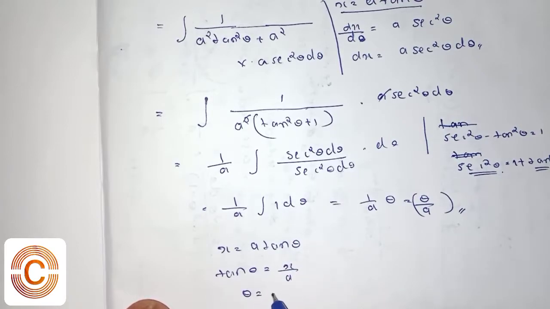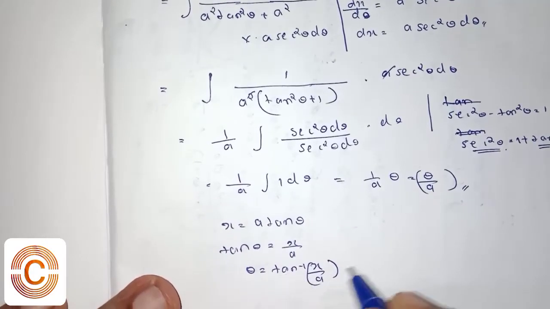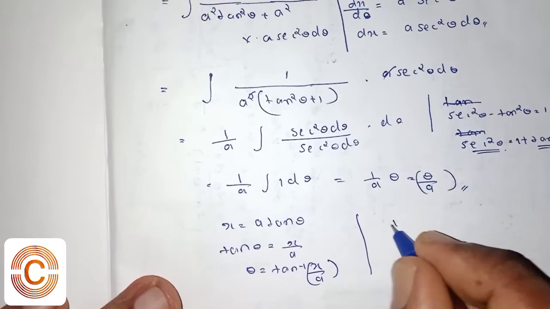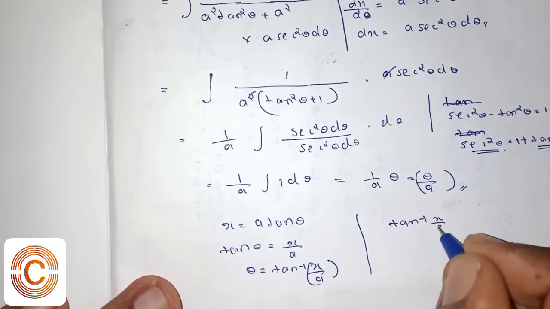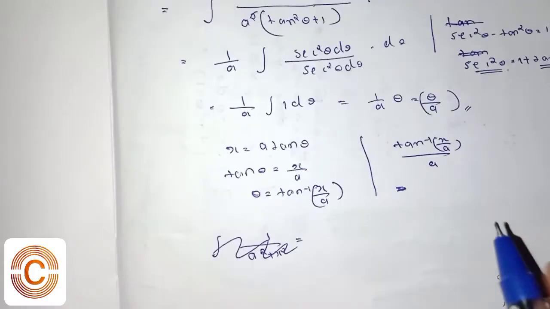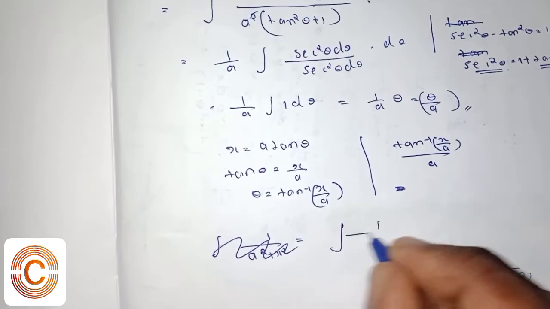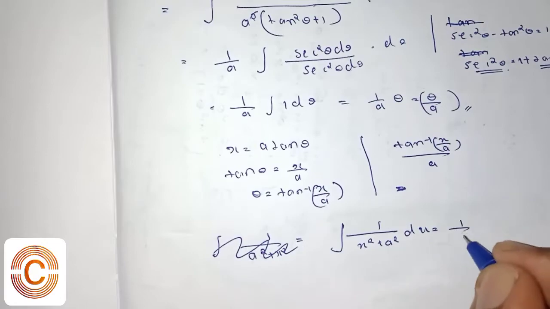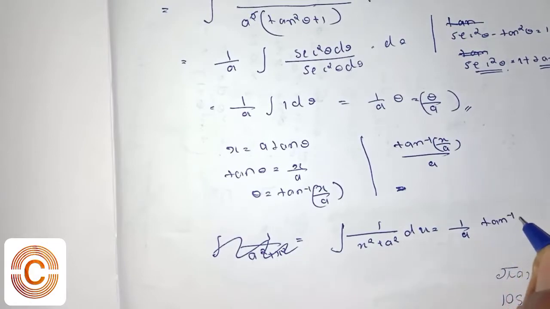Then theta is equal to tan inverse of x by a. Substituting the value of theta in the final formula, we get tan inverse of x by a whole divided by a. So finally, the integral of 1 divided by x square plus a square dx is equal to 1 by a into tan inverse of x by a.